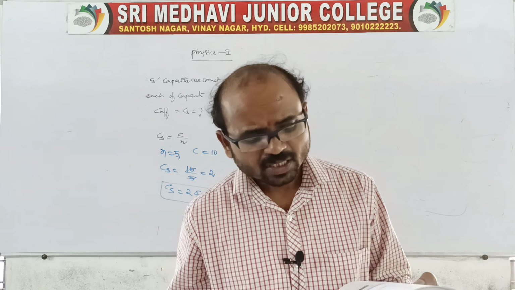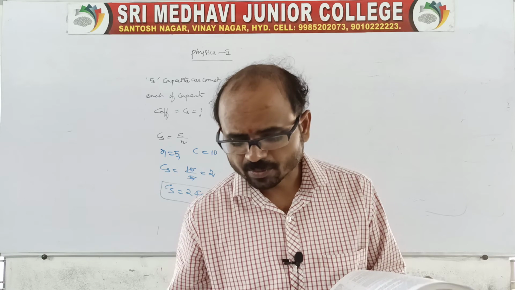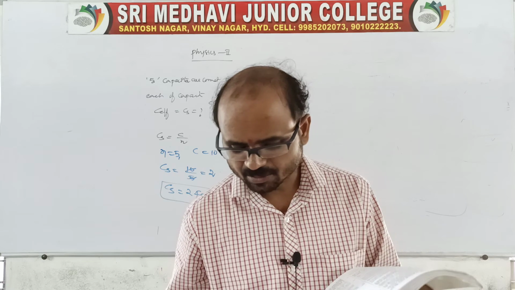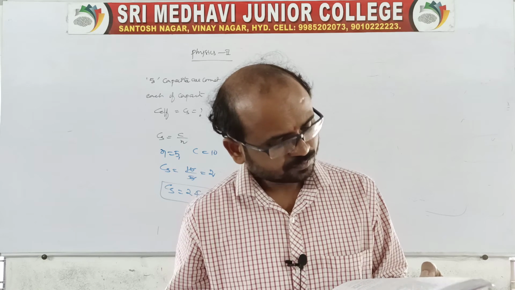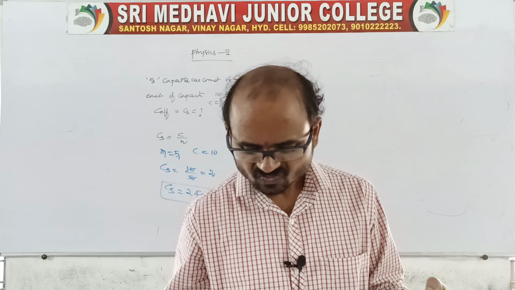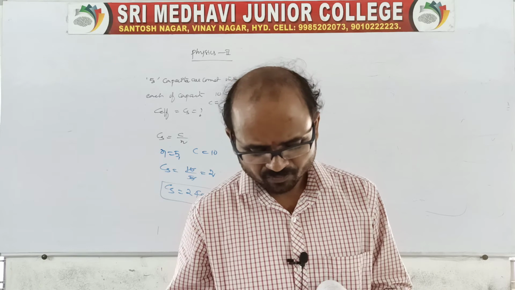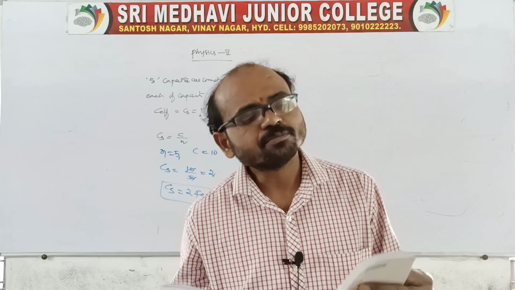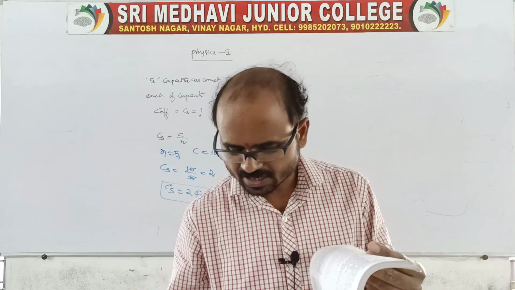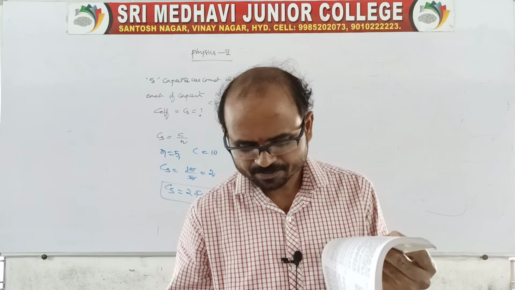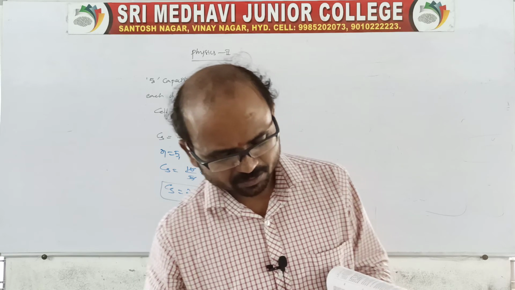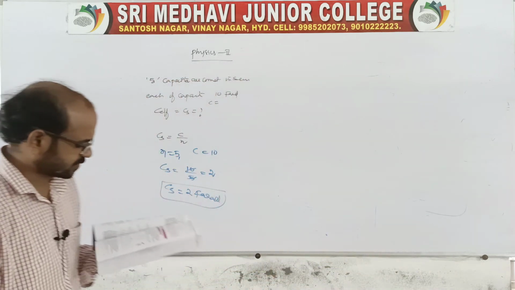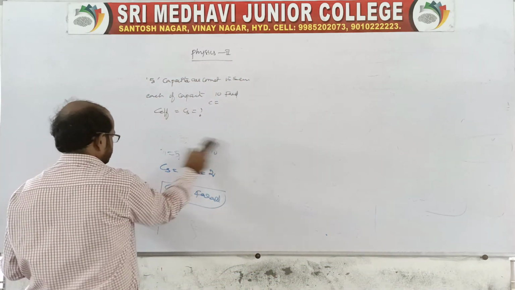Before that, I'll tell you one problem on the series combination. Page number 137, question number 6. Three capacitors of capacitance 1 microfarad, 2 microfarad, 3 microfarad are connected in series.